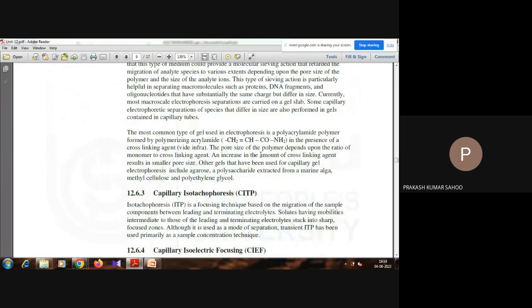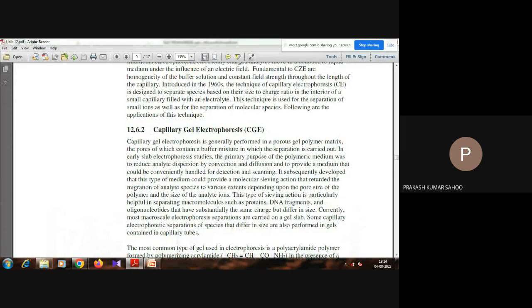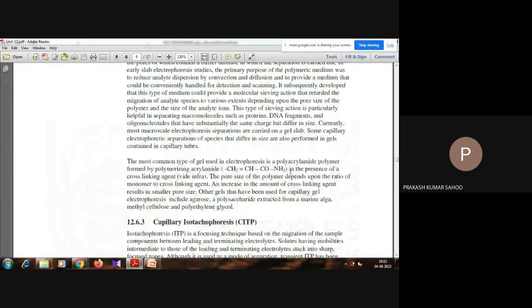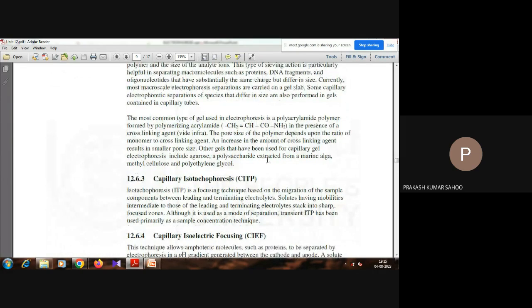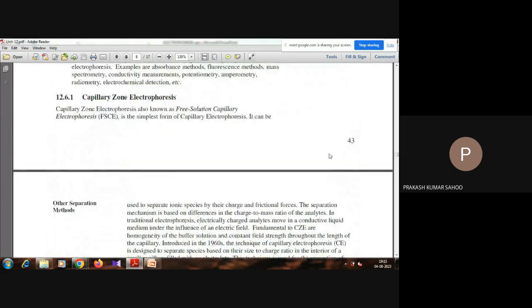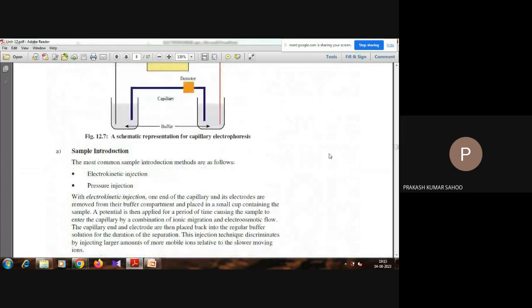I have given you a broad idea of the basic things about these techniques, but for these CGE, CHE, CISF, CIEF, CITF, TP, you have to remember what type of molecules get separated by what means, where gel is used, where polymer is used, where the isoelectric point is applied, and where amphoteric substances are separated, through which mechanism.